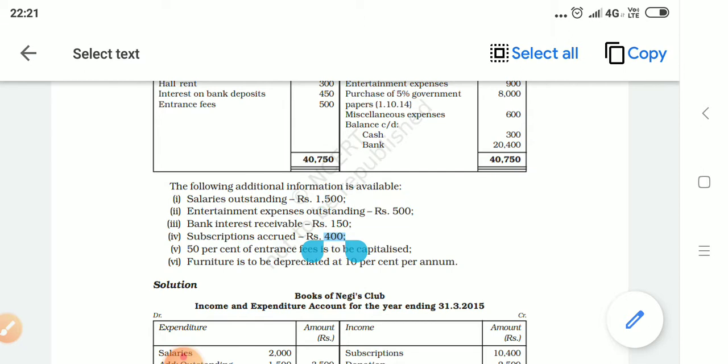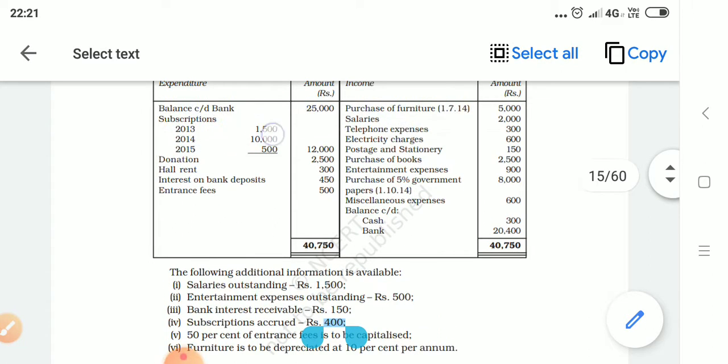It is an asset. It will appear in the asset side of balance sheet. Now, this 1500 will not appear in the balance sheet because it is previous year's outstanding received this year. So, if at all you have previous year's outstanding in the question, it has to be subtracted. Okay?